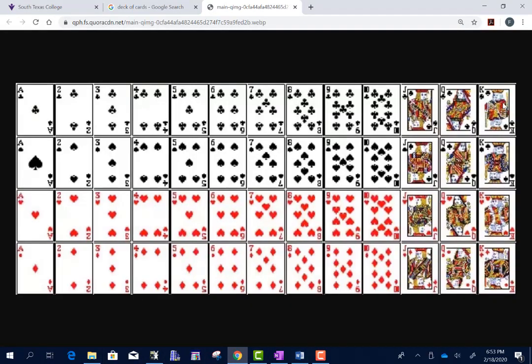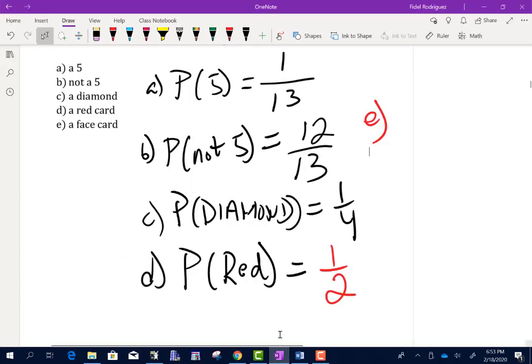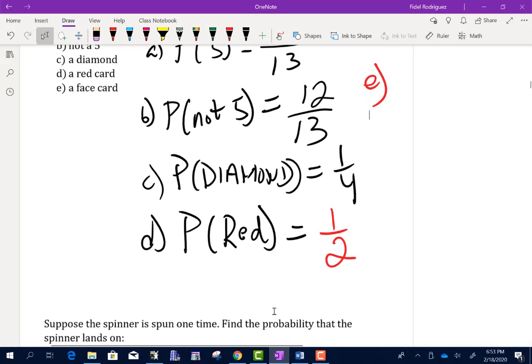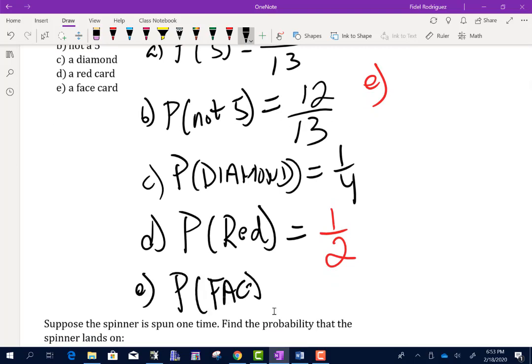So let's come back over here. 1, 2, 3, 4, 5, 6, 7, 8, 9, 10, 11, 12, 13. Okay. So let's see. We have a total of 12 out of the 52. So part E, the probability that we're going to get a face card was 12 out of the 52.